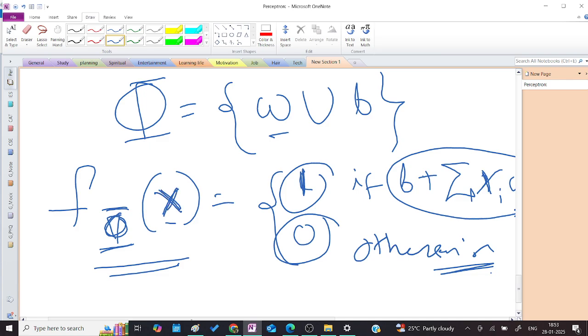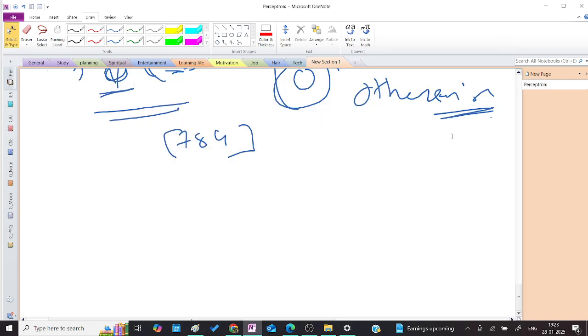And this x vector is the input, meaning the intensity of the pixels of all the 784 pixels.